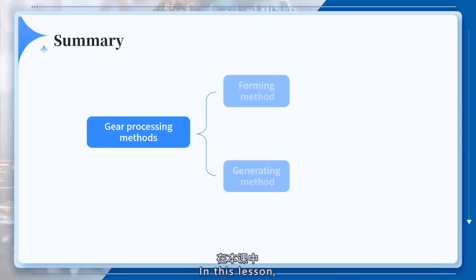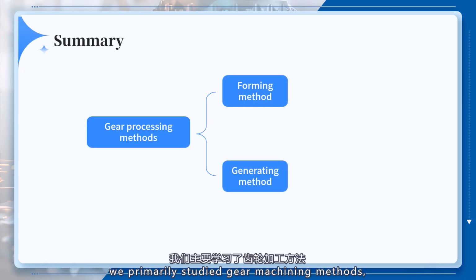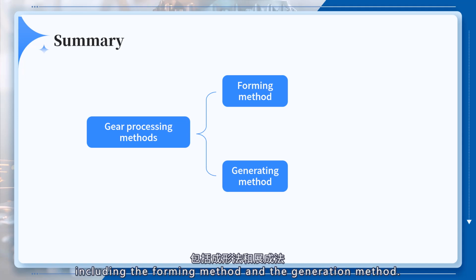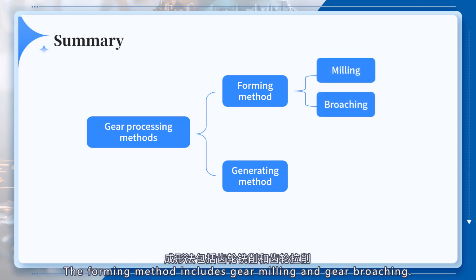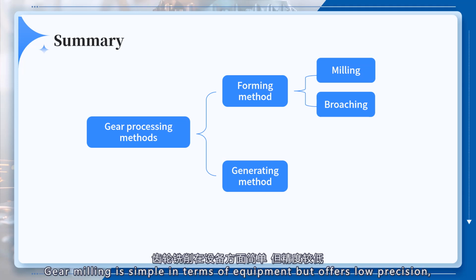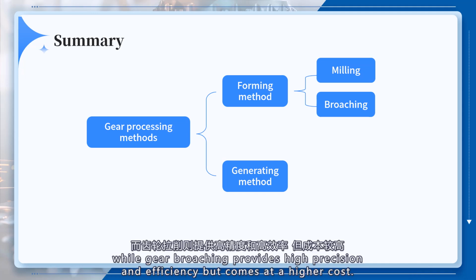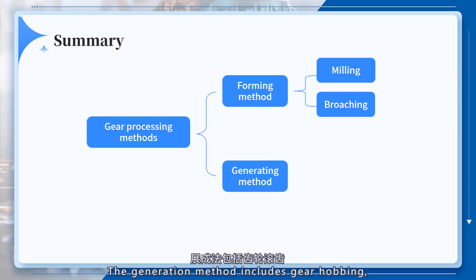In this lesson, we primarily studied gear machining methods, including the forming method and the generation method. The forming method includes gear milling and gear broaching. Gear milling is simple in terms of equipment but offers low precision, while gear broaching provides high precision and efficiency but comes at a higher cost.